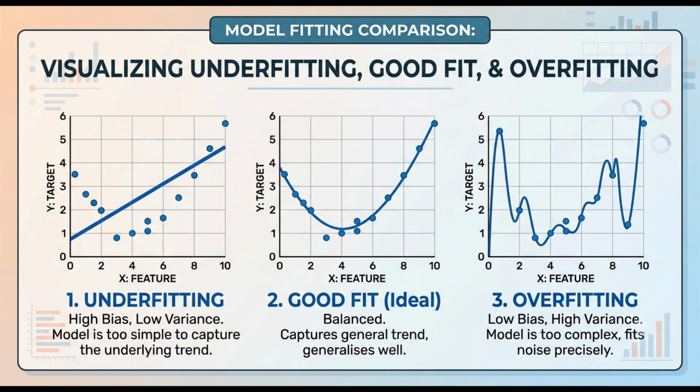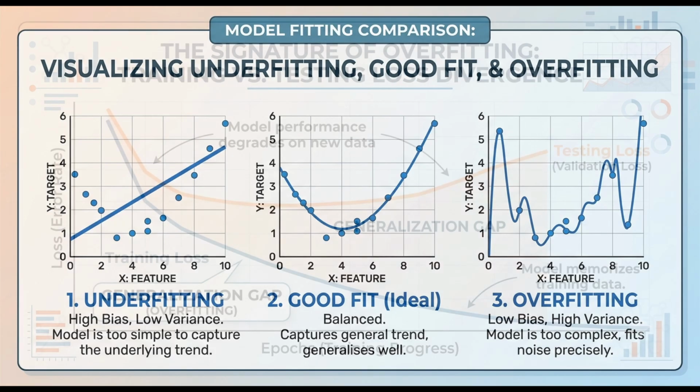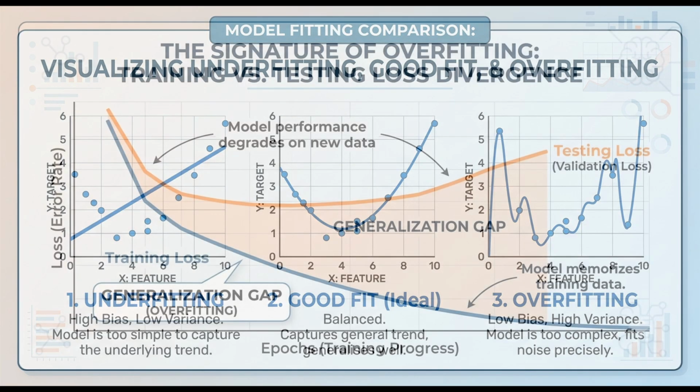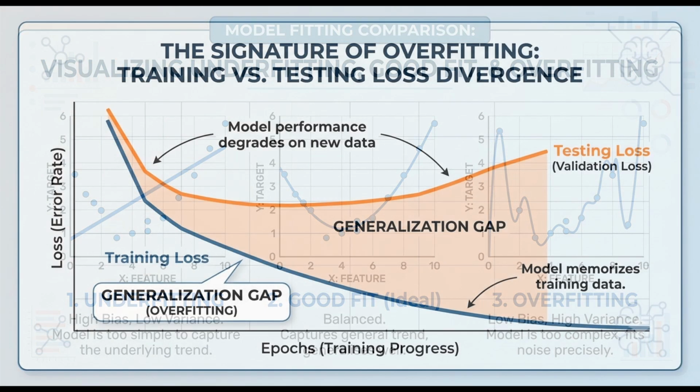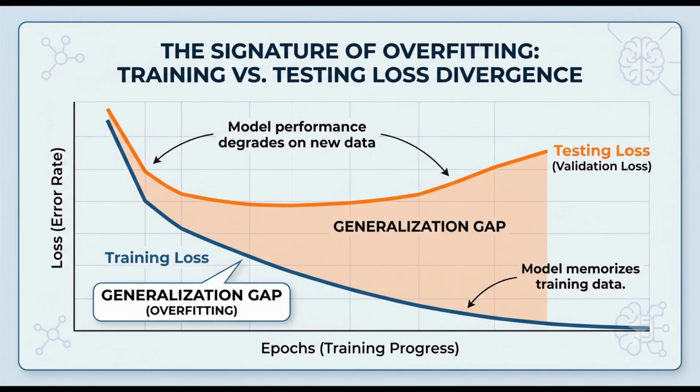It's not learning the underlying pattern, it's memorizing the noise. This usually shows up as a growing gap between training loss, which keeps dropping, and testing loss, which stalls out or even climbs. The fix usually involves regularization techniques, using cross-validation, or training on more diverse data, so the model can't simply memorize its way to a good score.